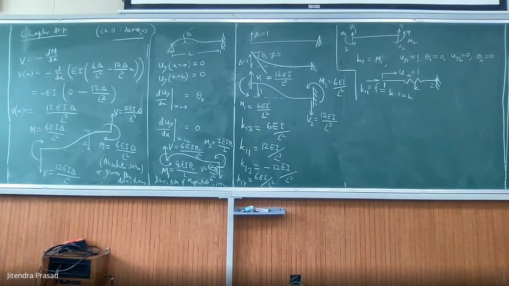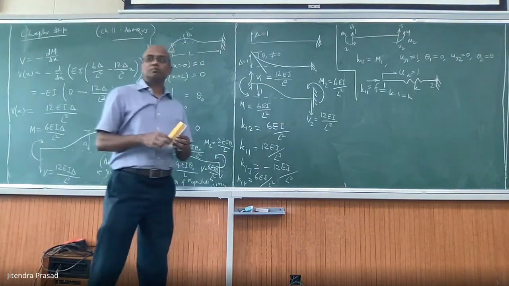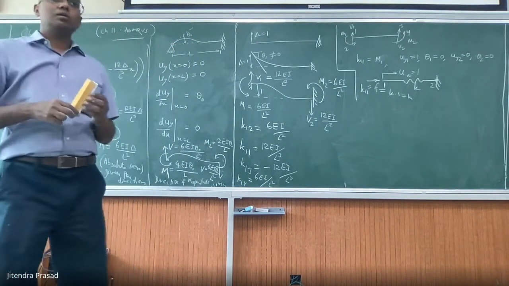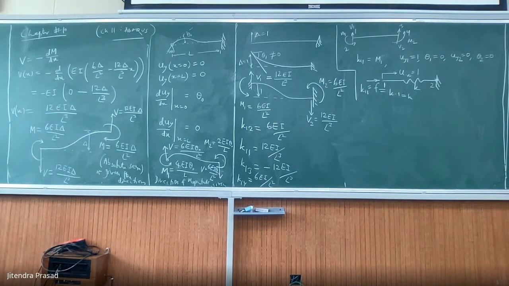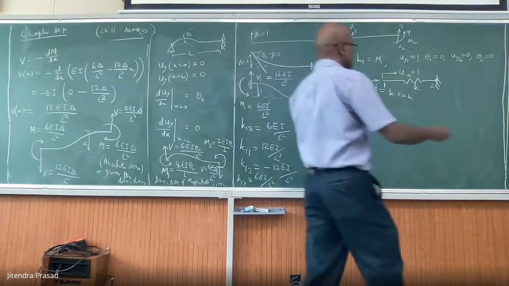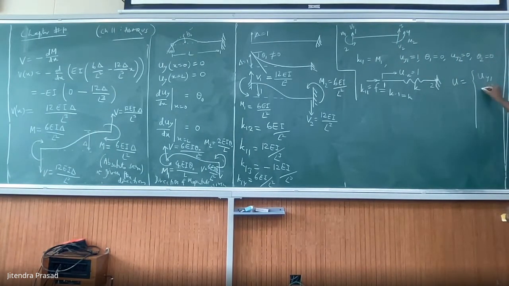If we look at the dimension of stiffness, in K12 we are getting Newton, and in K11 we are getting Newton. They are inconsistent by unit. It is not consistent because your U is equal to Uy1, theta 1, Uy2, theta 2. So we should multiply by stiffness and get the same dimension.